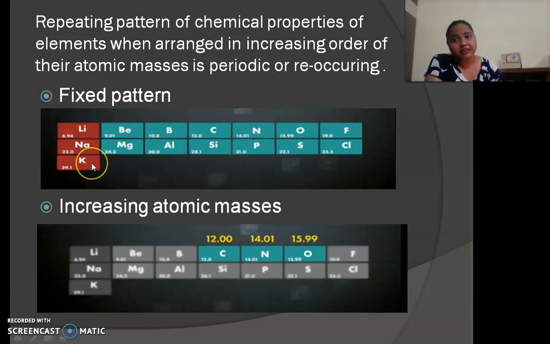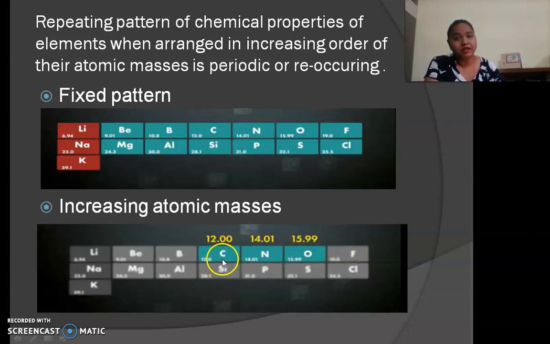Again, potassium has similar properties to sodium and lithium. It also appeared under the same group after a gap of 6 elements. Not just this fixed pattern, but also automatically when he was placing the elements, the atomic masses were also increasing in a fixed pattern.